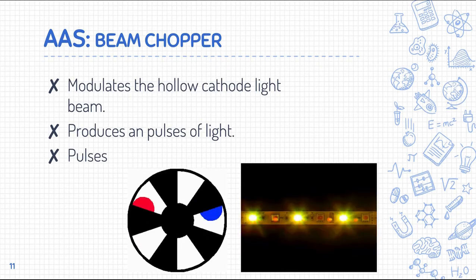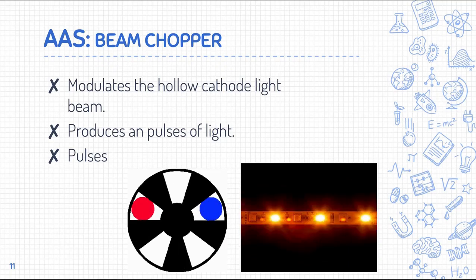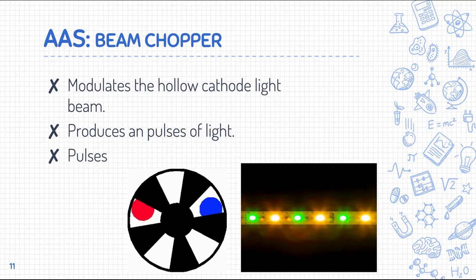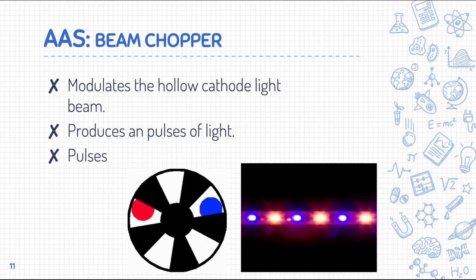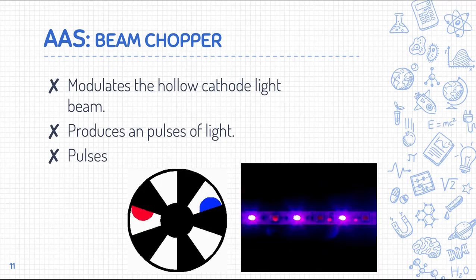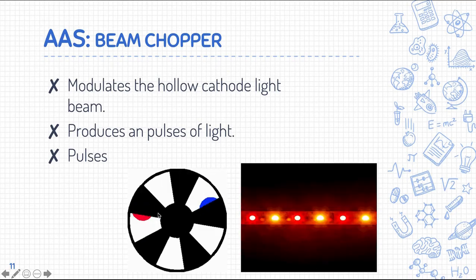I just want you to hold on about the beam chopper, because as we go along, I will explain the importance of your beam chopper. Again, it modulates the hollow cathode light beam and produces pulses of light, like a Christmas light, like this one, and also this one. Later on, I'll explain why it is very important.